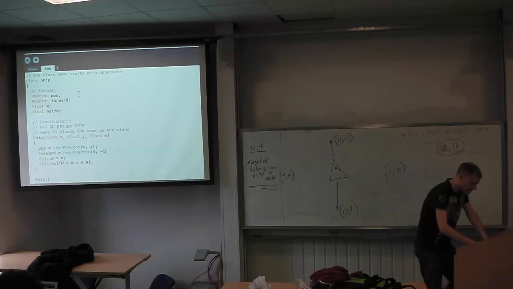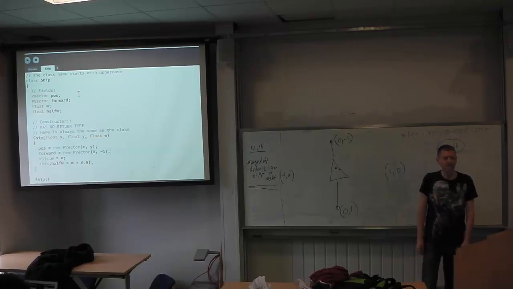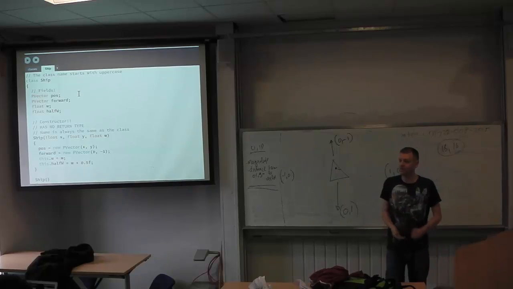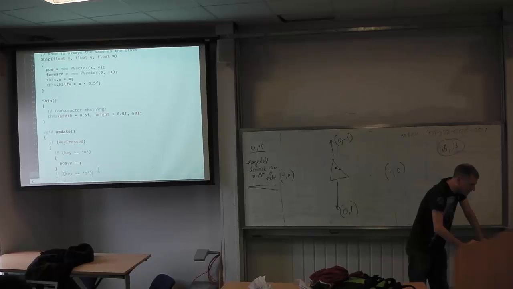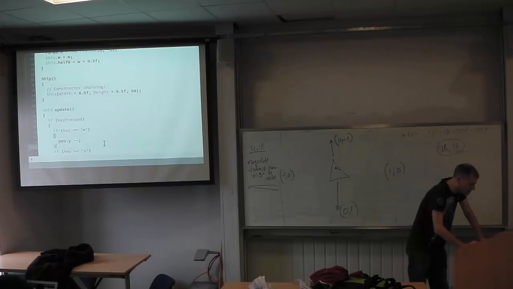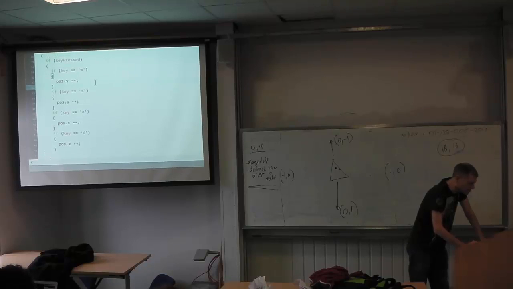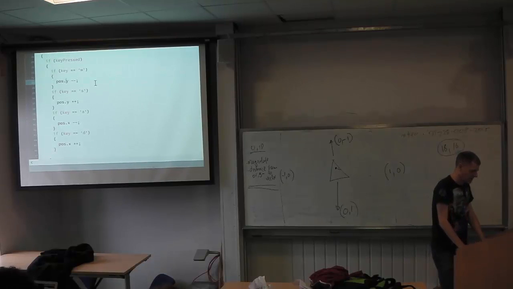So it'll be the vector 0 and minus 1, because that's the way forward if I don't do any rotation on my ship. And then down here, instead of doing pos.x minus minus and pos.y and all the rest of it, let's write this in vector terms instead. Let's go pos.add forward. And let's also do pos.add forward for all of the other cases.